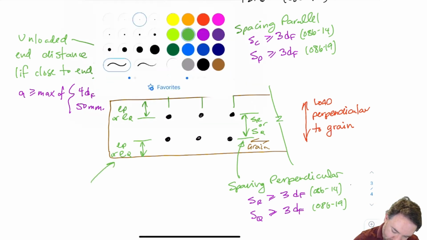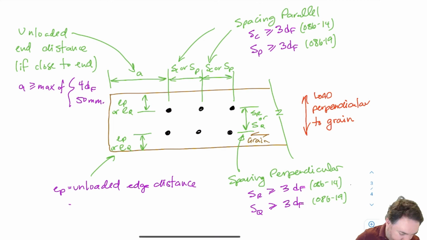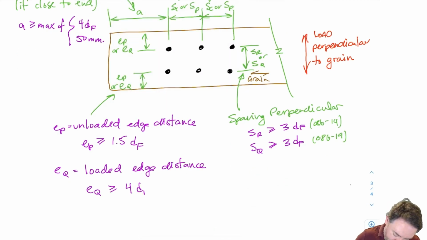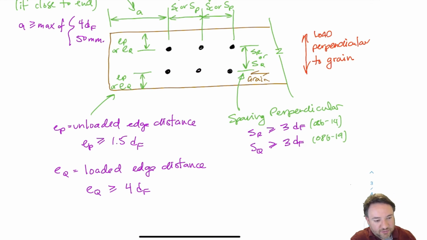So the requirement for the edge distance is greater if I'm looking at the edge that's loaded versus unloaded. So if this bolt is trying to push down out of this member, then the loaded edge distance is the bottom distance here, which is the distance between the bolt and the loaded edge.